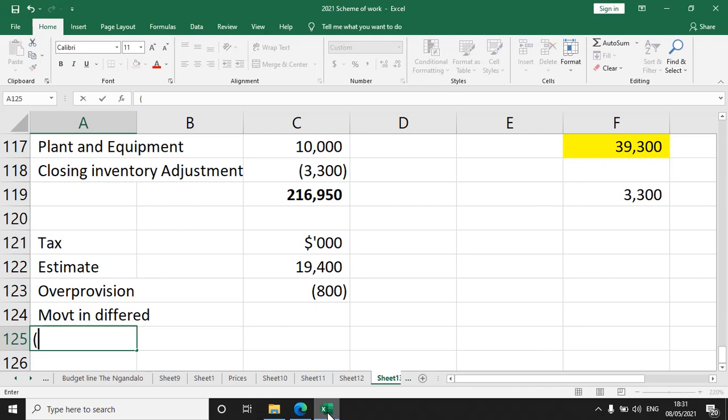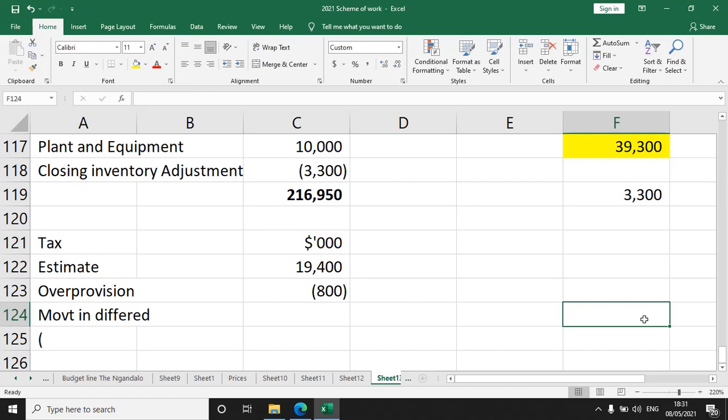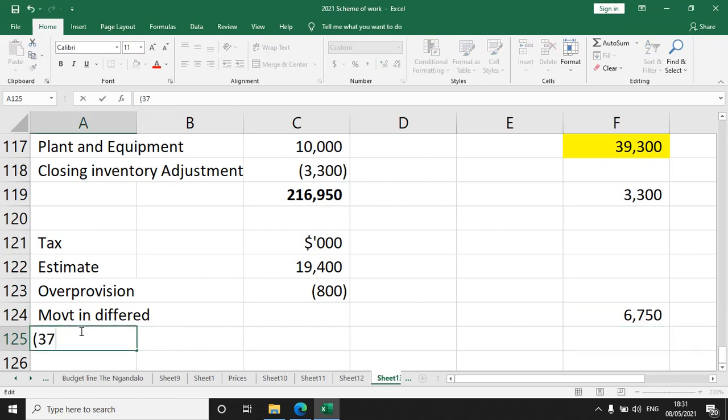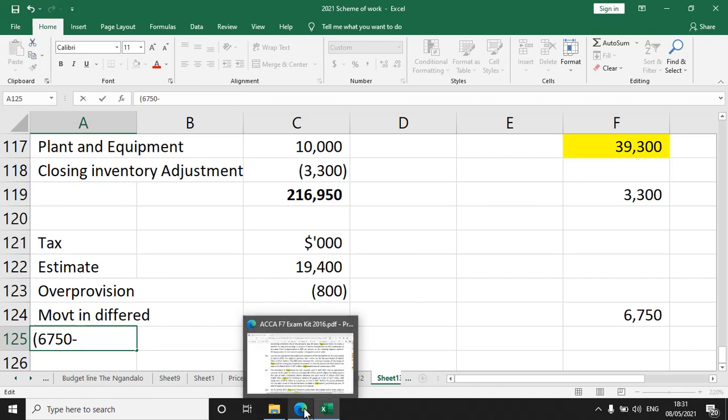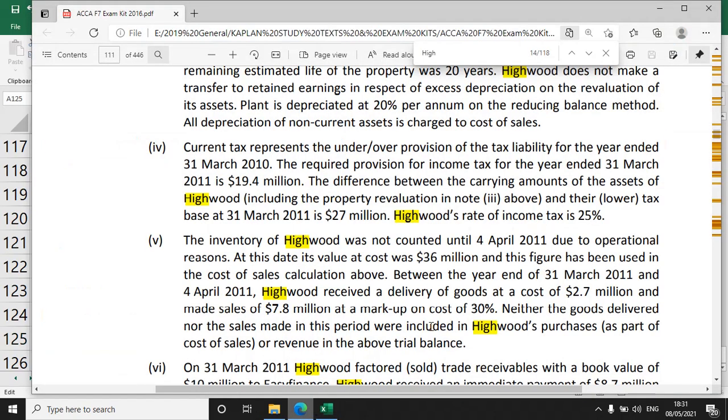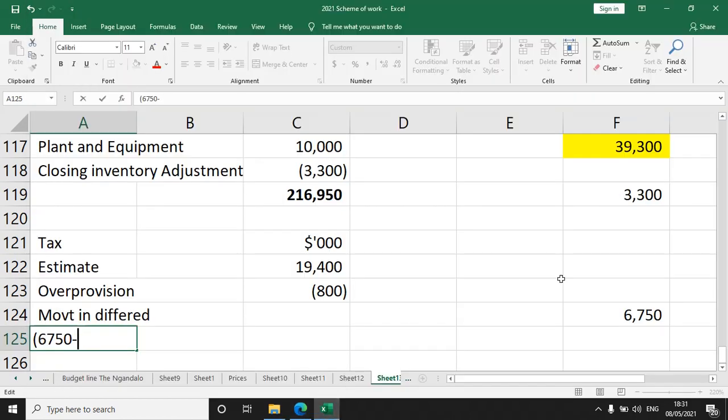So let's do some side working. I'm just showing you something here. 27 million multiplied by 25%. I've got 750 less the amount that was brought forward, but first of all let's go to the revaluation.